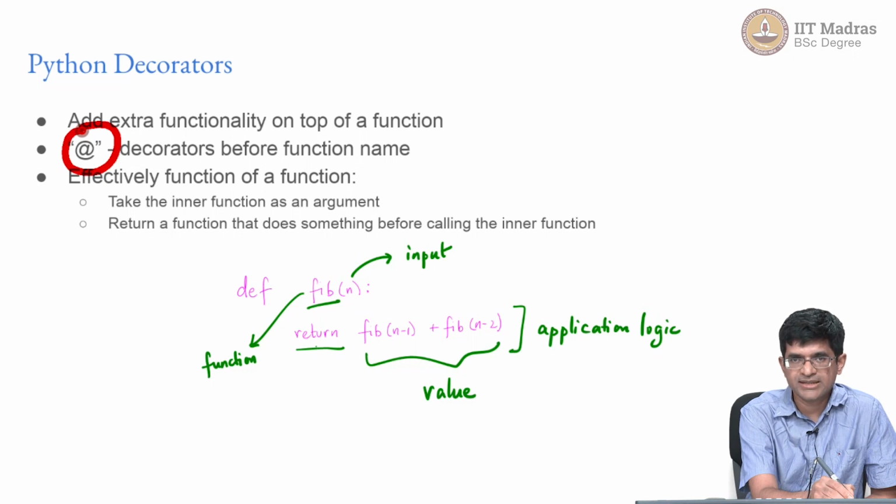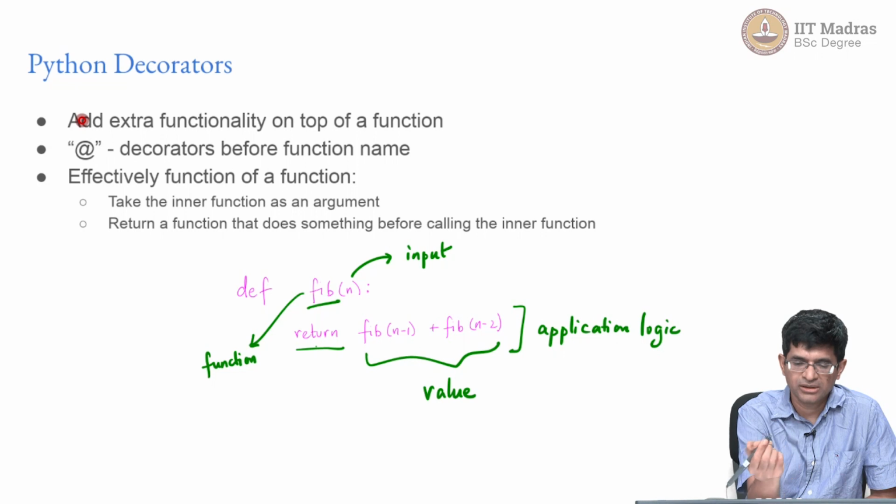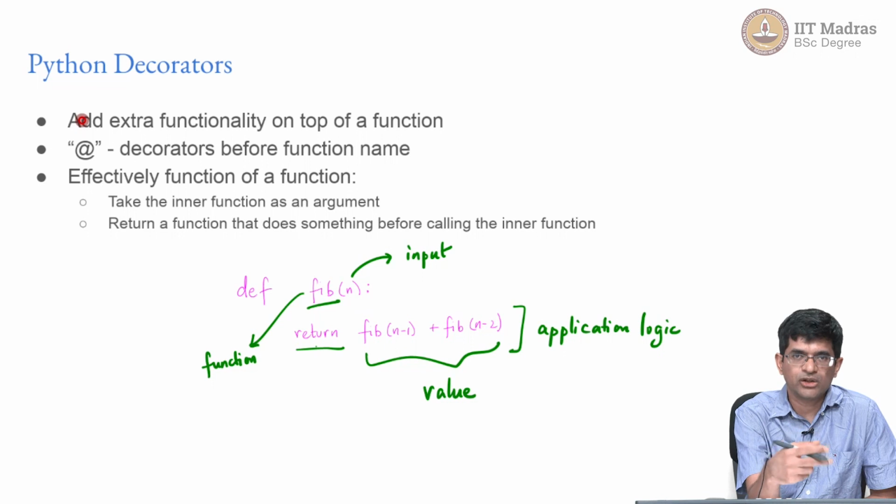The decorators in Python, you would see, are implemented with a @ symbol before the decorator name. We will look at examples of those going forward, but the important thing to keep in mind over here is all that a decorator is doing is adding additional functionality on top of a function. So one way of thinking about it is to say that I have a function which does a certain job.